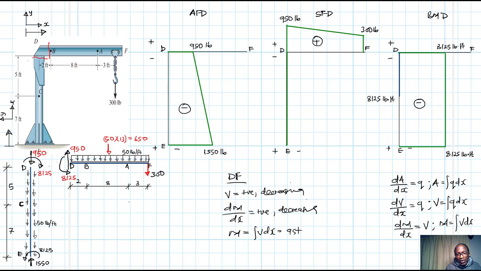So let's find the area of the trapezoid. 950 plus 300 times half times the height, which is 13, right? So what does this give us? 950 plus 300, okay, times half times 13. So this gives us 81.25 positive.